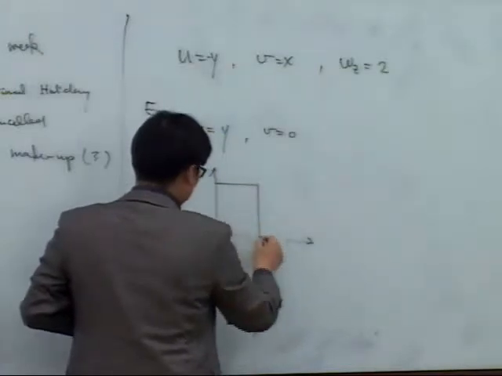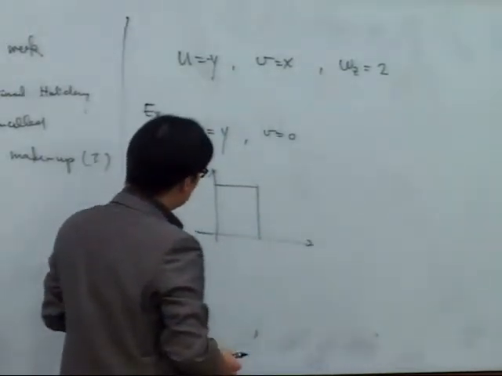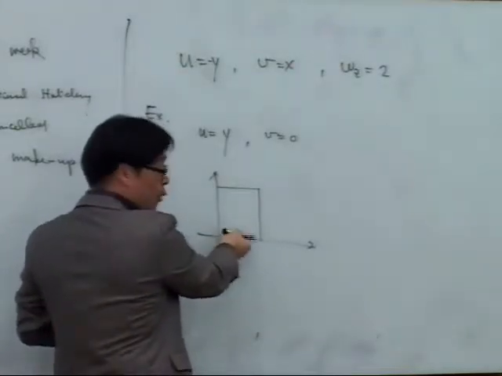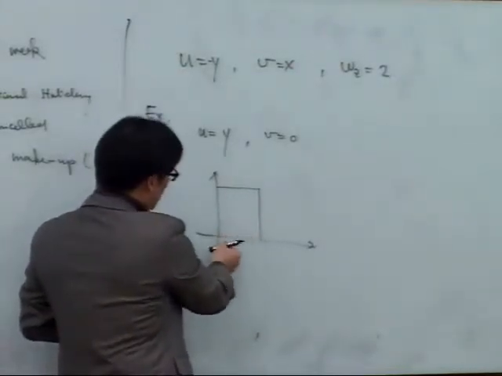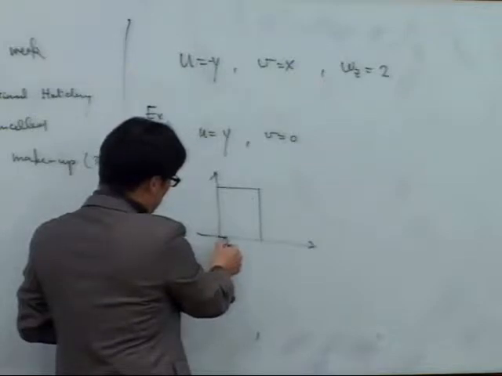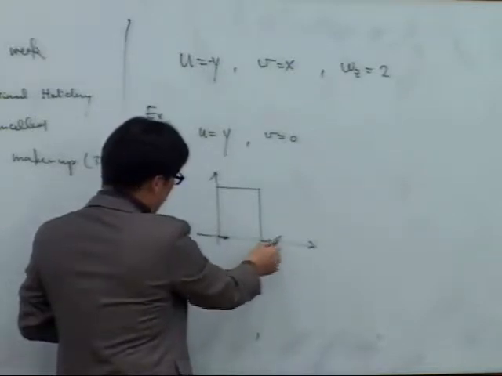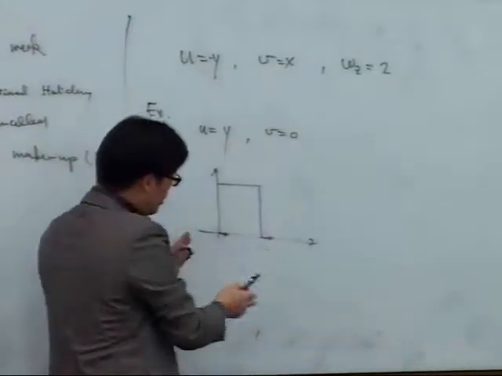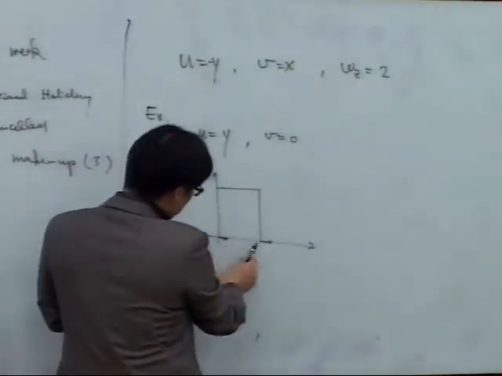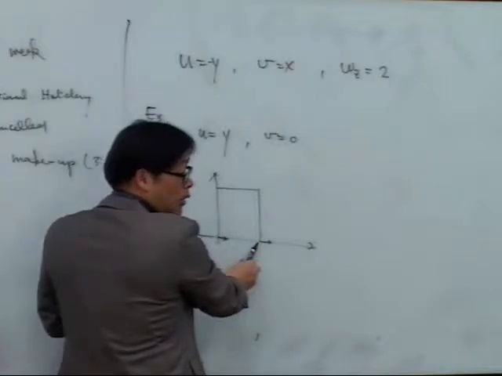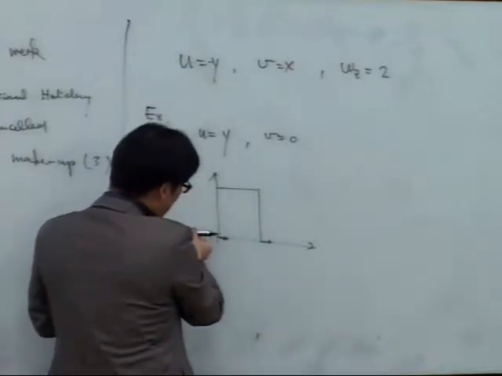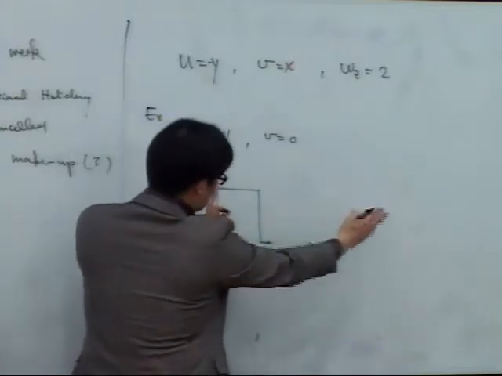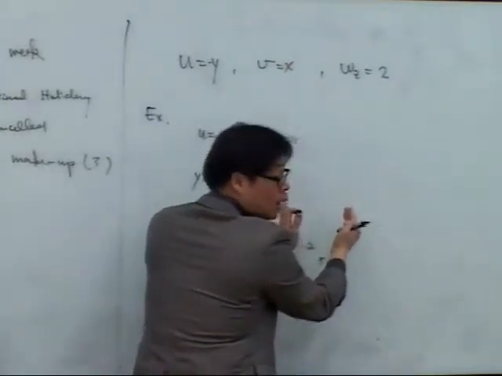I have a rectangular fluid element. There is no vertical velocity, so this cannot rotate in this way. The velocity here and the velocity here have only a horizontal component. There's no vertical component because v is 0. This velocity and this velocity are the same because they are at the same y coordinate, right? So in this direction, they just move.